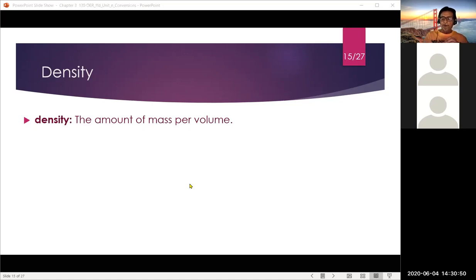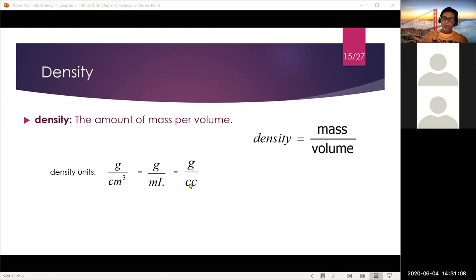We can calculate your volume. Okay. So that's that ratio, mass over volume. Keep this in mind. It's another ratio. We can flip it, write it as volume over mass or mass over volume if we need that density to do calculations. Okay. Generally, the units that we utilize are grams over cubic centimeters, or grams over cc's.